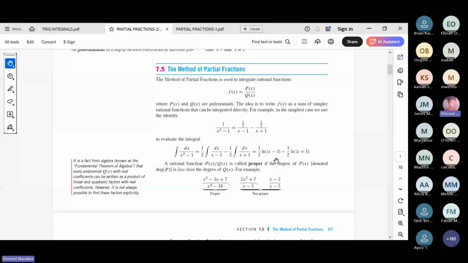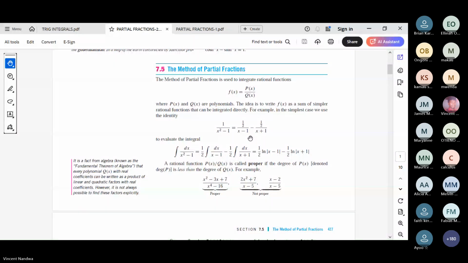So what we are going to discuss in this section is how we can transform a function, for example 1 over x squared minus 1, into this form: a half over x minus 1, plus minus a half over x plus 1. So if we are able to split a rational function into two parts, like in this case, then we can easily integrate the function 1 over x squared minus 1.